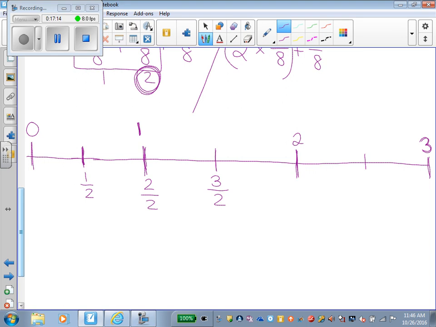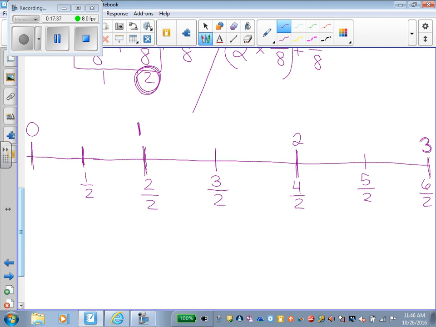All right. So then the next line would be what? Maitland. 4/2. The next line would be what? Ethan. 5/2. And the next line, Mia. 6/2.